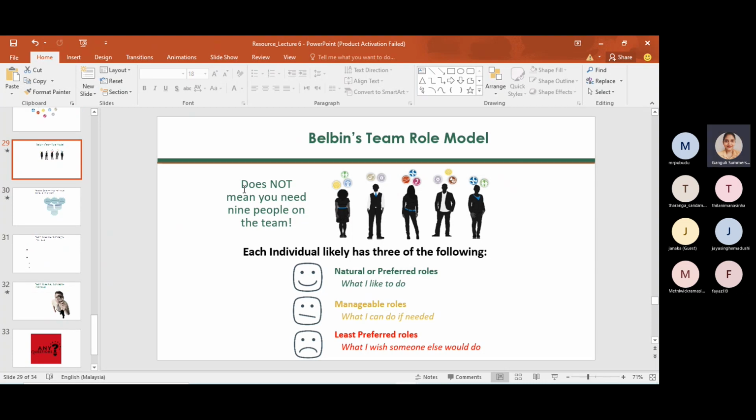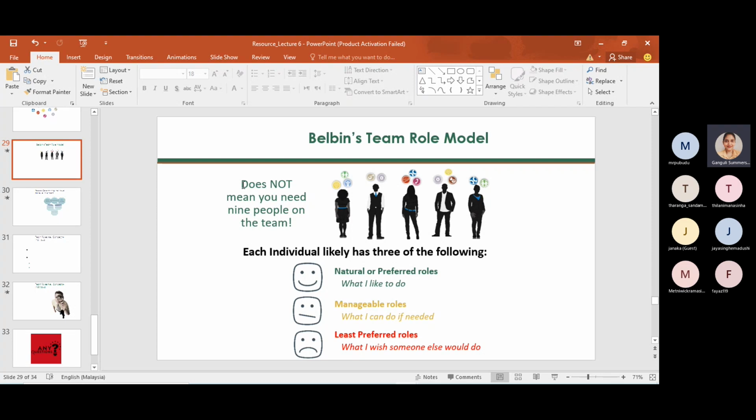That is an incorrect interpretation. Belbin's team role model does not mean that you need nine people on the team. You can have fewer than nine or more than nine as well.